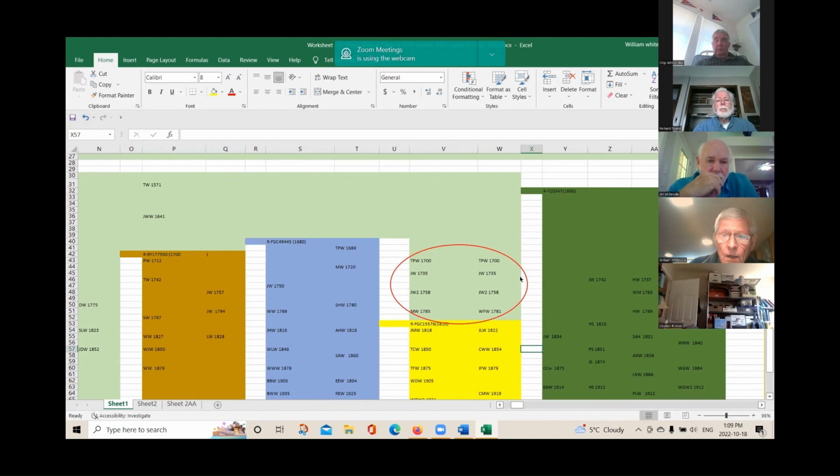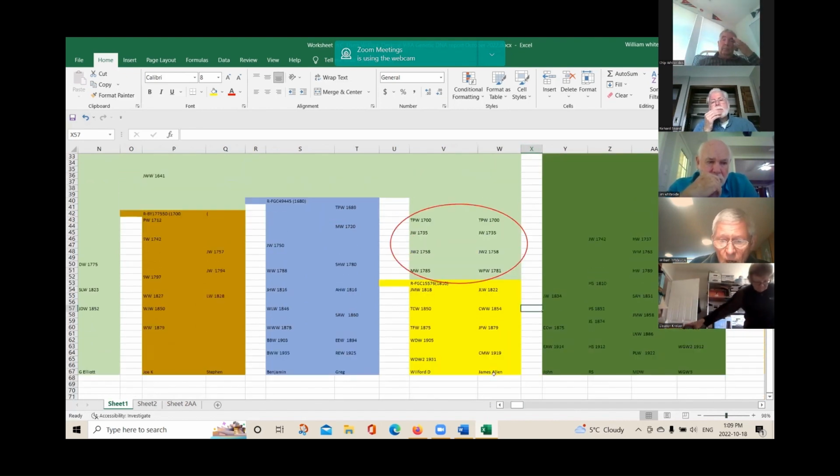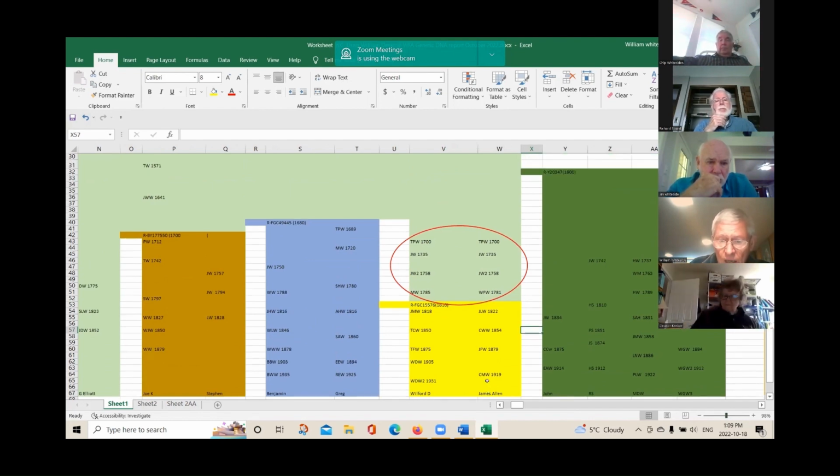What Chip has done is, from the sample person who is the living person now, he has tried to fill in from the family tree the ancestry up to the oldest, or at least self-declared oldest ancestor that that person knows, or that is in Don Whiteside's tree.